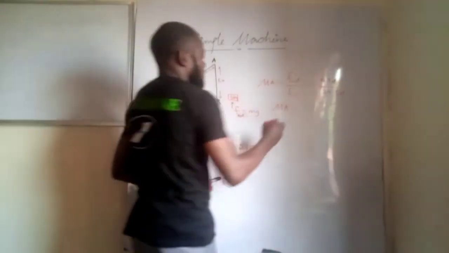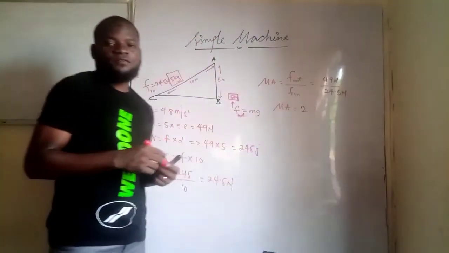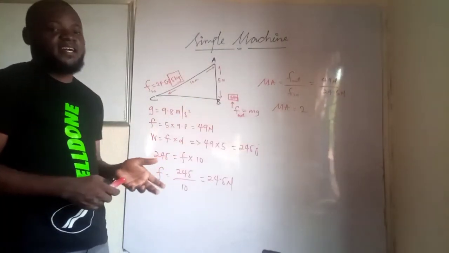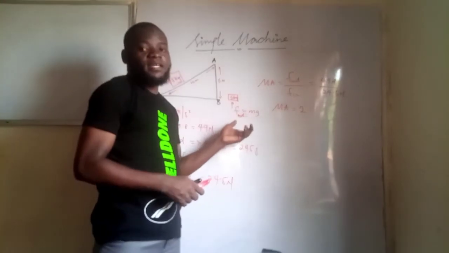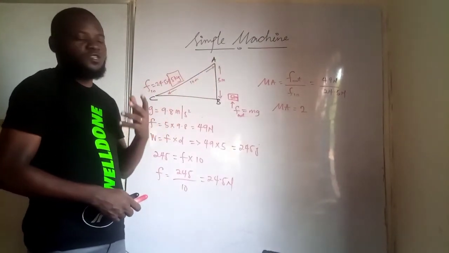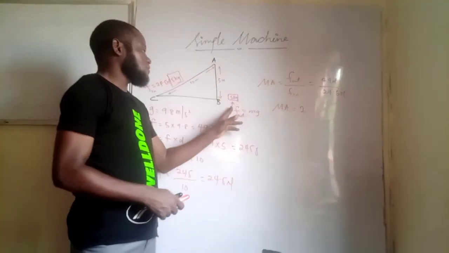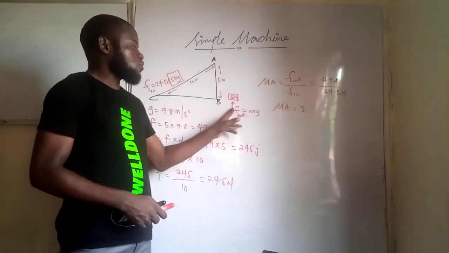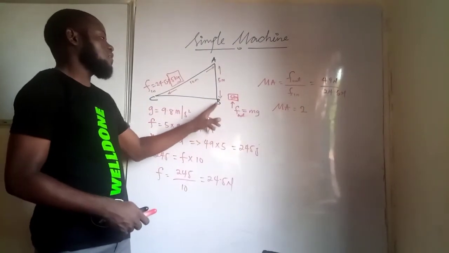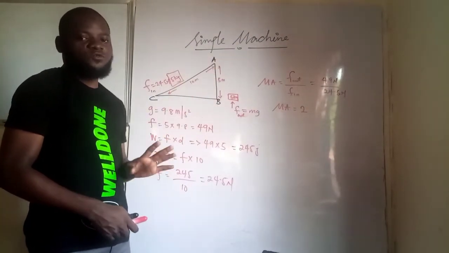So our result is going to be 2. So the mechanical advantage is what? 2. And this simply means that the force required in taking the body from C to A is going to be twice less than the force required in taking it from B to A. Do you understand that now?